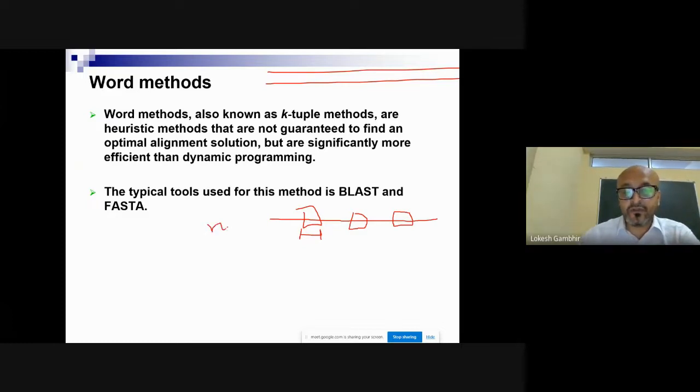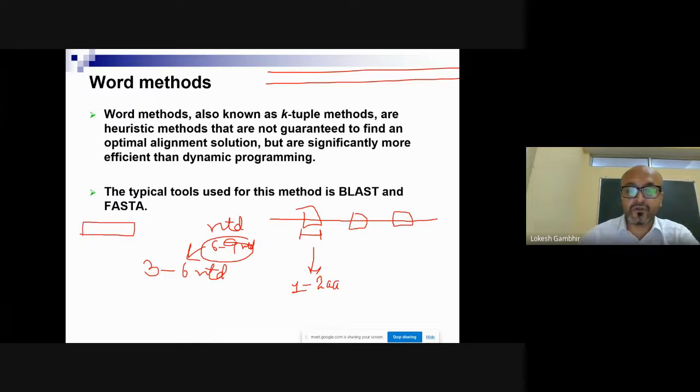In case of nucleotides, the length varies from 6 to 9 nucleotides, whereas in case of amino acids, this box size is reduced to 1 to 2 amino acids. In certain tools, this size also reduces to 3 to 6 nucleotides.